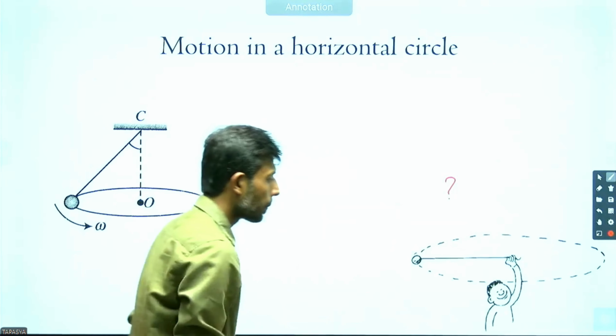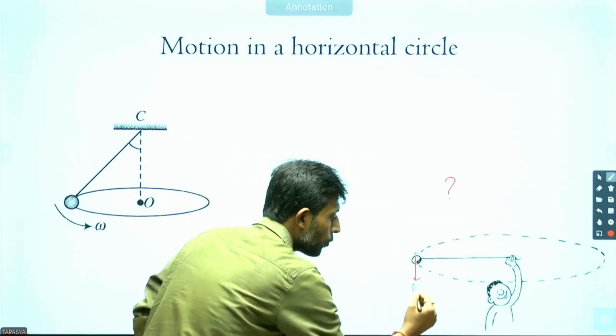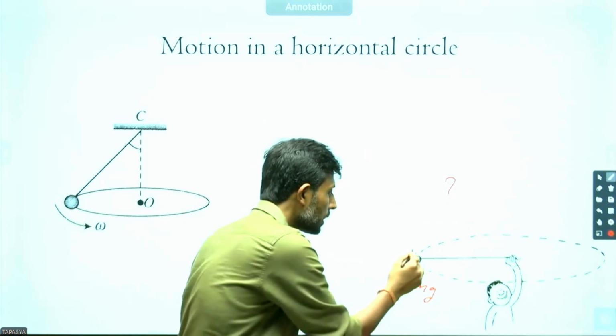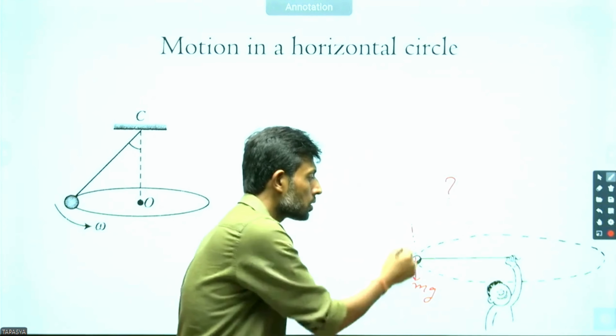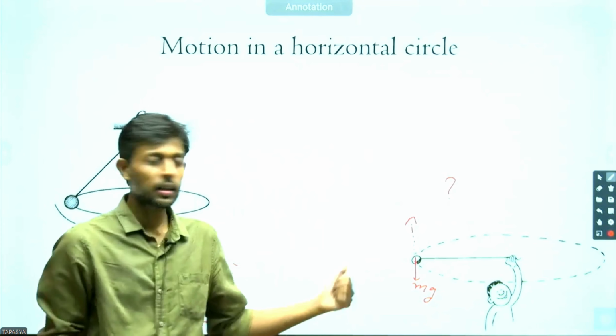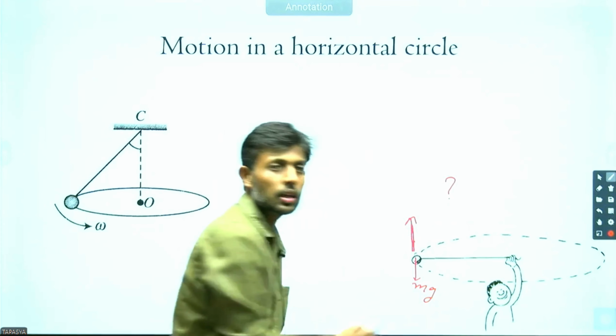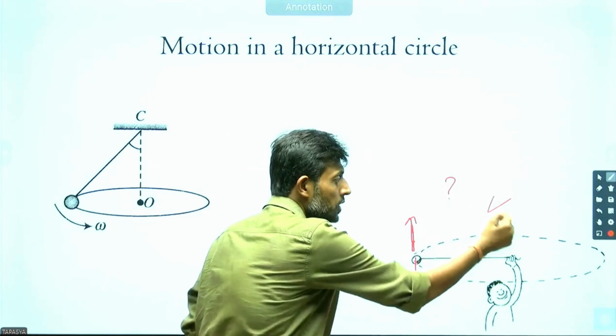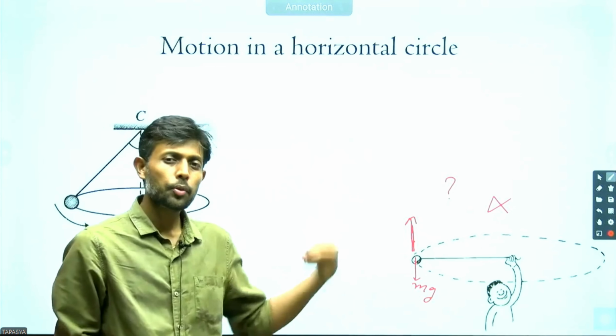Think about it. There is a force mg always pulling this mass down. Is there something which is balancing this force? You'd find in this scenario, there is nothing balancing this force. So this situation is not practically possible, but it's an approximation.